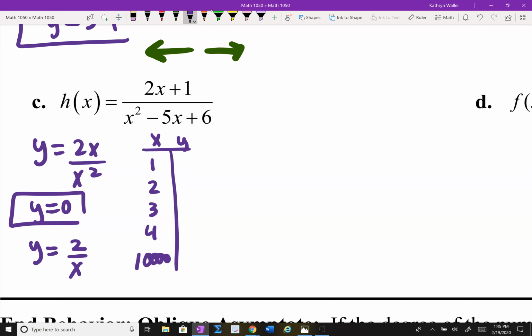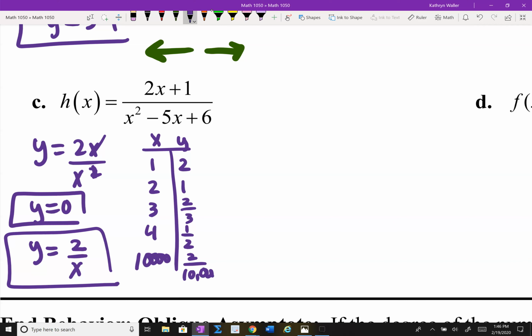You can reduce that. This 1x cancels with one of those, and it's y equals 2 over x. So I'm going to take this equation, and I'm going to plug in those values. Watch. 2 over 1, 2. 2 over 2, 1. 2 over 3, 2/3. 2 over 4, 1/2. 2 over 10,000. It could be 2 over 1,000,000.